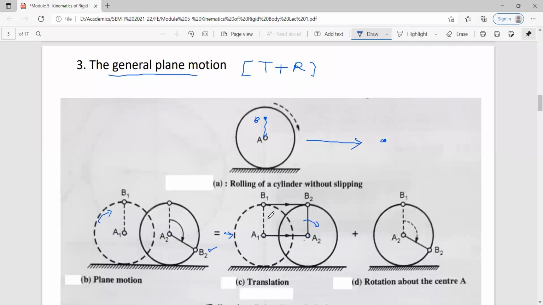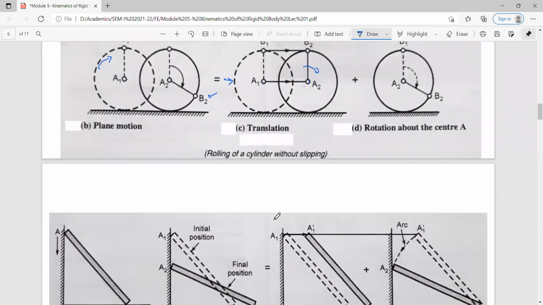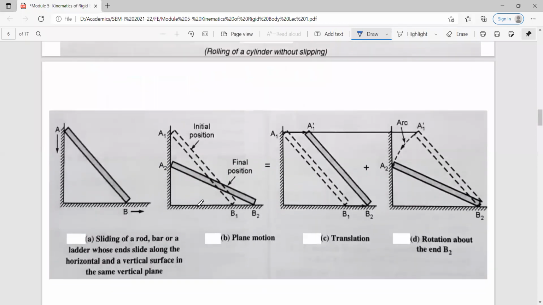We will see another example. Yes, this is the example of a ladder. Point A is here, where the ladder makes contact with the vertical wall, and point B is here, where the ladder makes contact with the ground.